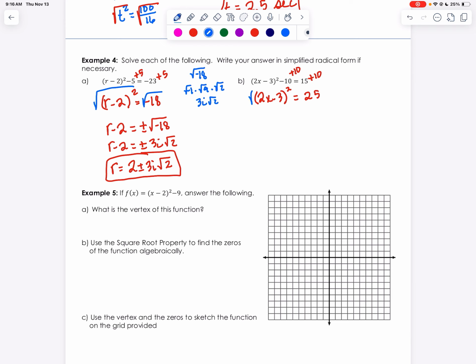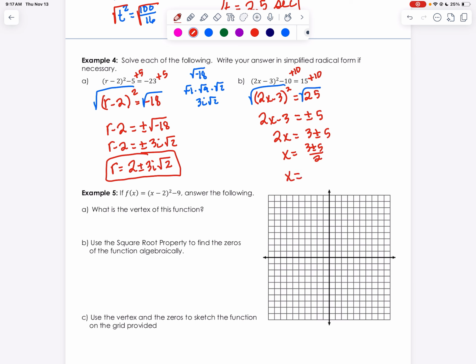Now I'll square root both sides, and that would give me 2x minus 3 equals plus or minus 5. All right, add 3 to both sides, so 2x equals 3 plus or minus 5, and then divide by 2. So 3 plus or minus 5 divided by 2.